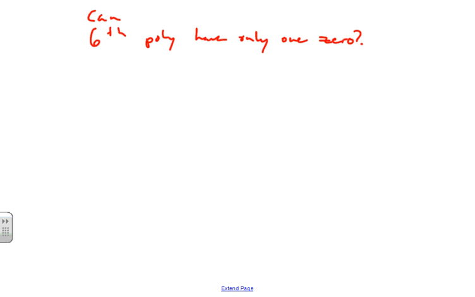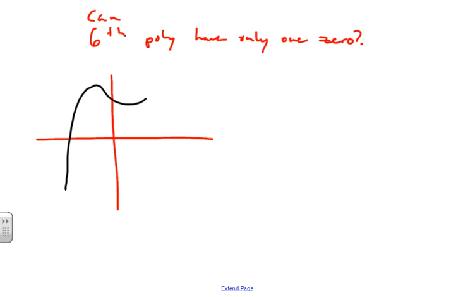Well, let's think about it. If it's 6th degree, that means it's an even degree polynomial, which means that if it had a negative leading coefficient, both sides would fall.